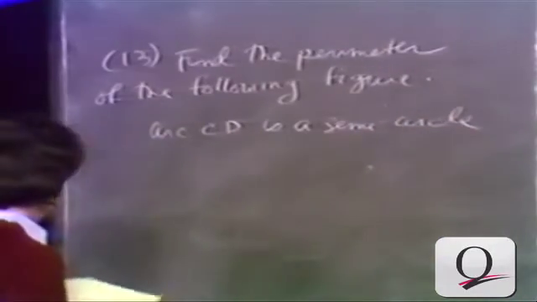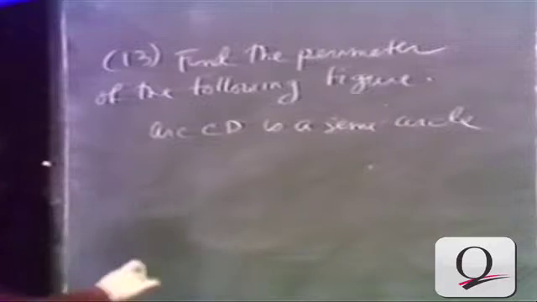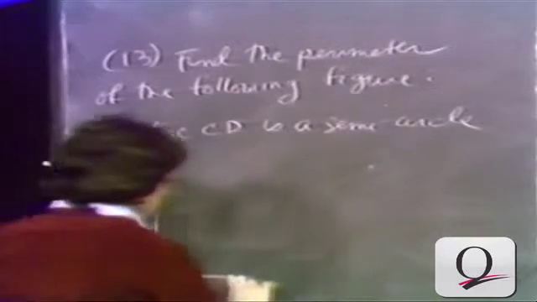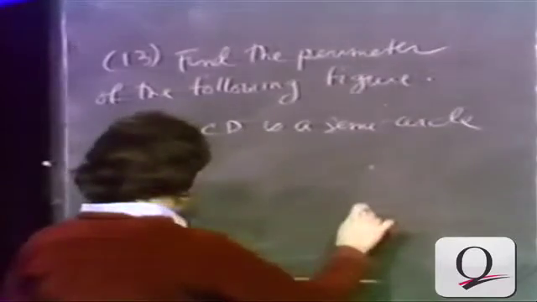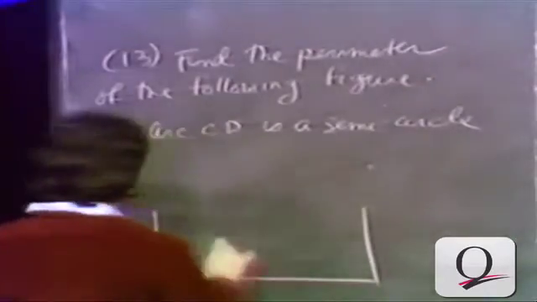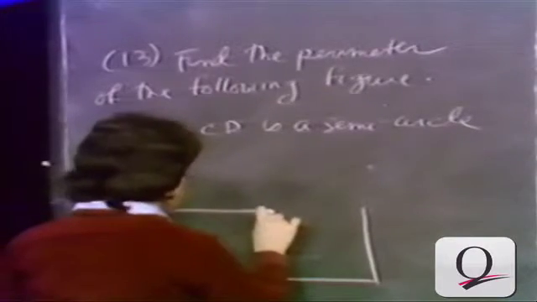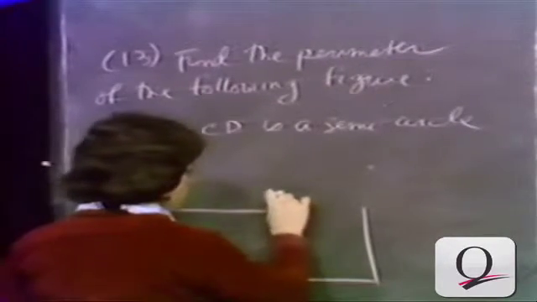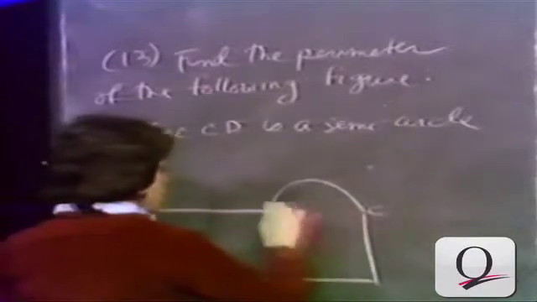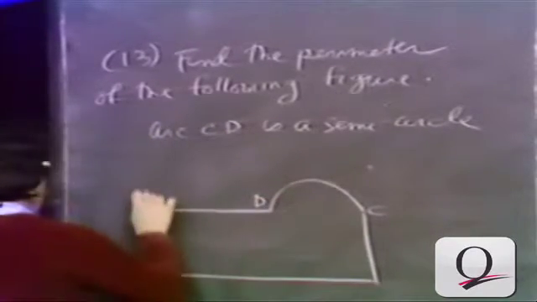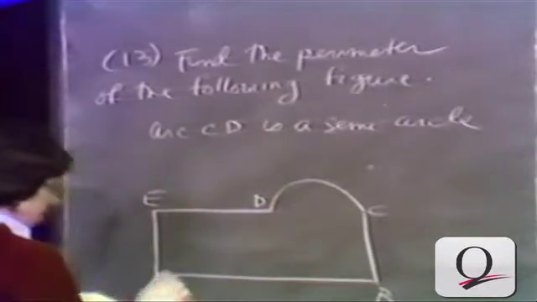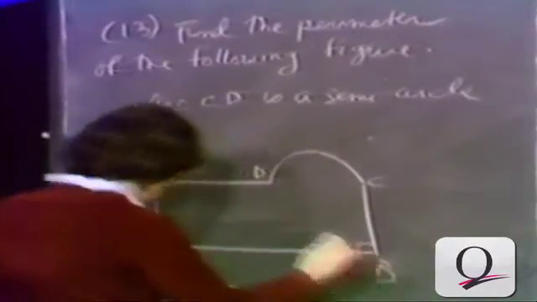And we have this. Here we have C, here is D, E, there's A and B. These are right angles.